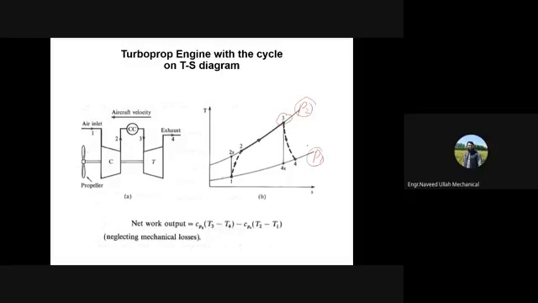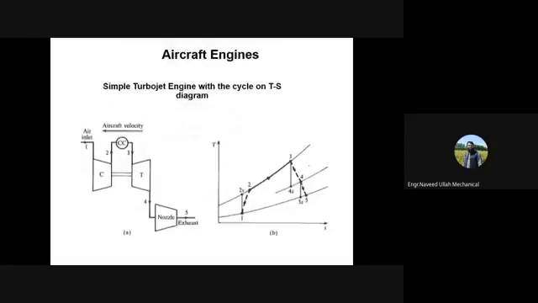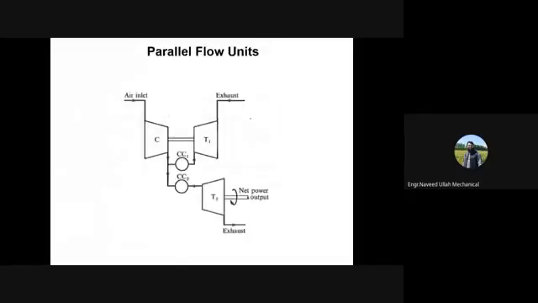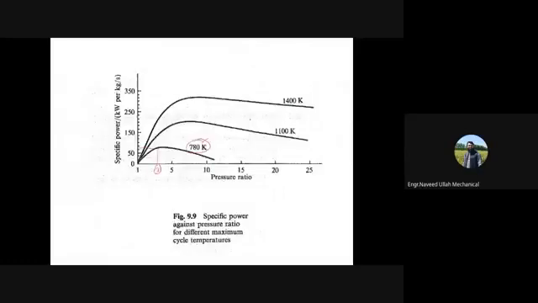There are also intermediate pressure ratios, with P2, P1 and P3, but we are not talking about these individual pressure ratios. So for each and every maximum temperature, there is a specific pressure ratio which will give you the maximum efficiency and maximum work ratio. This has been observed experimentally.